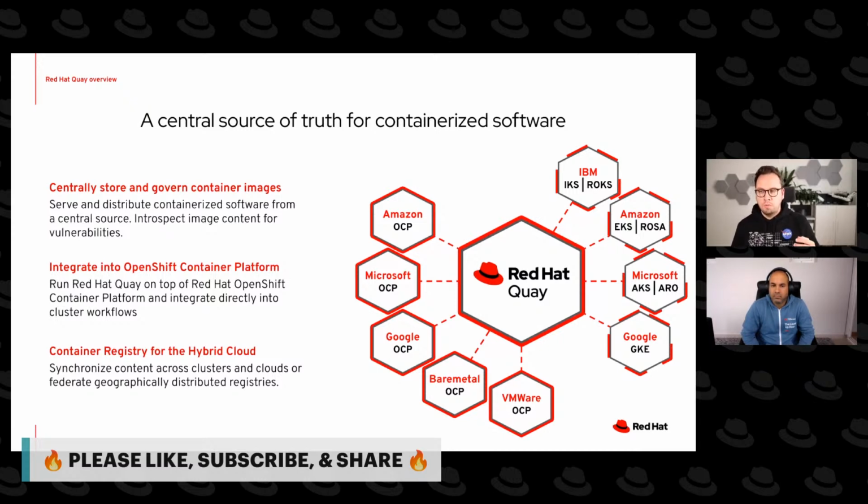And one reason it does that is in order to tell you when those components have known security vulnerabilities. So Quay also scans your images for CVEs to give you an analysis of the security posture that you have from the content perspective before anything even hits the cluster, right? So that's a pretty central aspect.